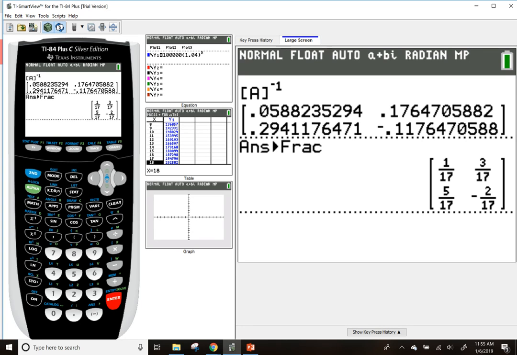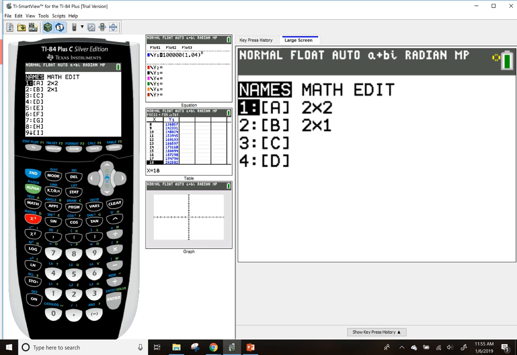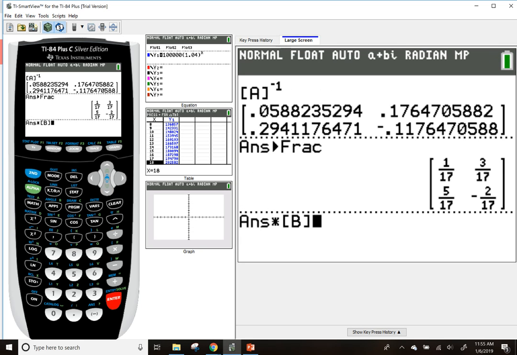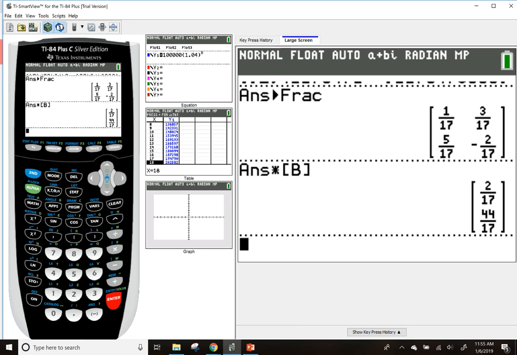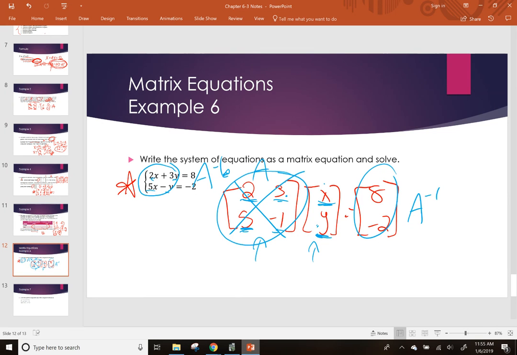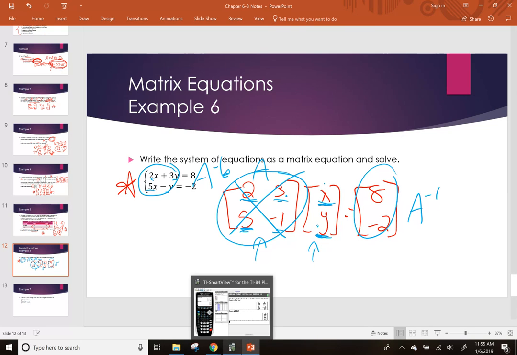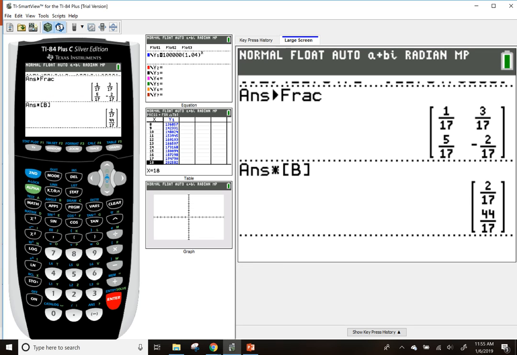So I'm going to take that same matrix I just got, and I'm going to multiply it with that 8, negative 2 matrix, which we put in here already as matrix B. So we're going to select that. And there we go. I feel like that's wrong, but maybe I just made that system up on the spot and I'm really bad at it. So let me check this real quick, using the old-fashioned way.